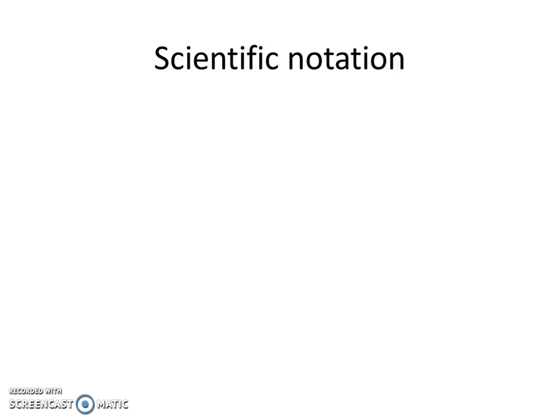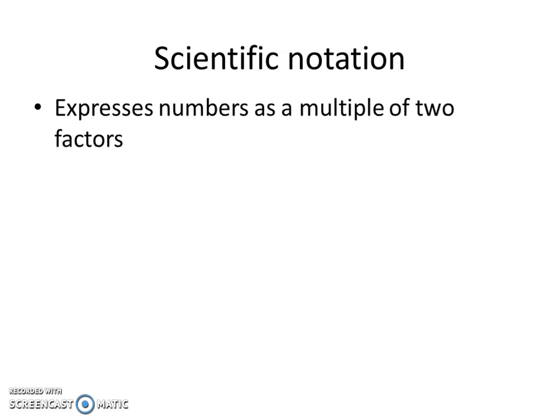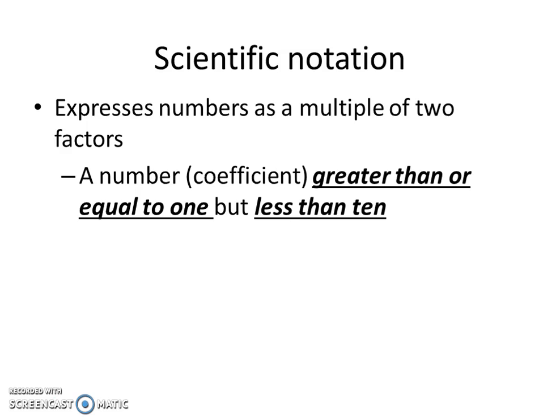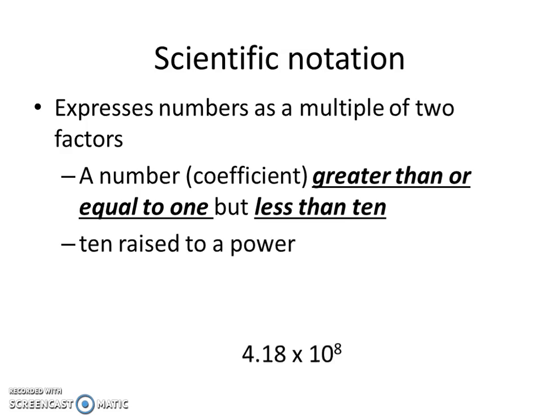The next big step is to become proficient with scientific notation. It expresses numbers as multiples of two factors: a number or coefficient greater than or equal to 1 but less than 10, and then 10 raised to a power. 4.18 times 10 to the 8 would actually be expanded to include 4, 1, 8, and 6 zeros.